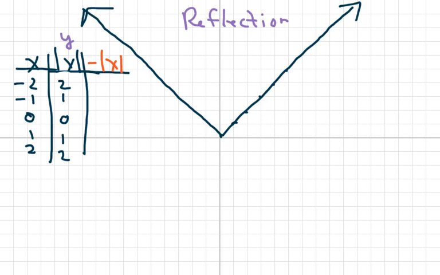So basically, since absolute value of x is our y, then, because it's y equals negative absolute value of x, we're just saying negative y. So all I'm going to do is take my y values here and negate them. So that's going to be negative 2, negative 1, 0, negative 1, and 2.